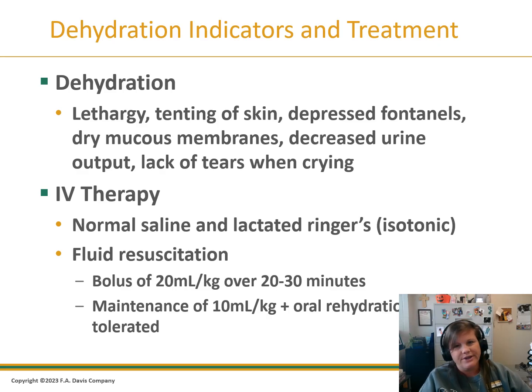Okay, so kind of moving into what are some important elements of the GI assessment. And another element for that is looking for indications in your assessment that speak to hydration status for the patient. So we need to know what are our dehydration indicators and how do we evaluate them? Like, what is our assessment technique for those things?